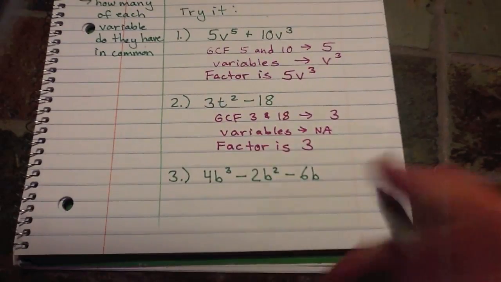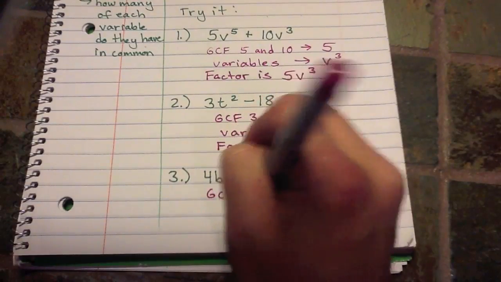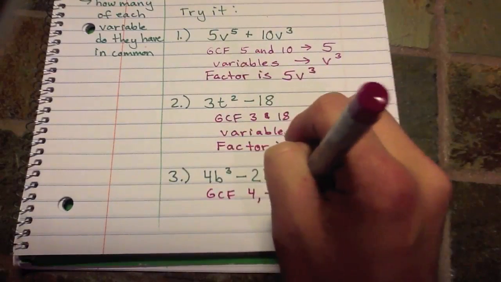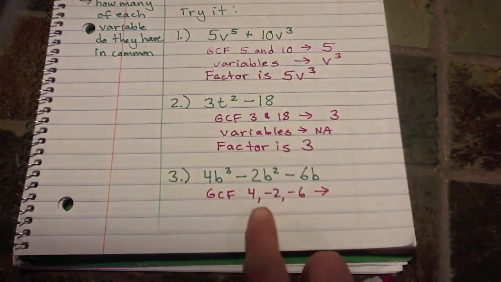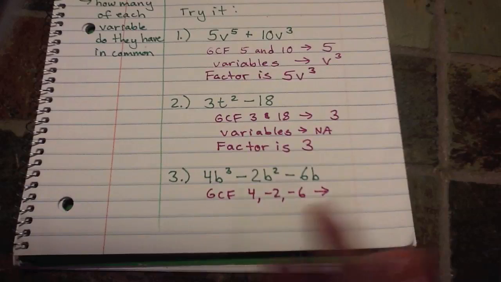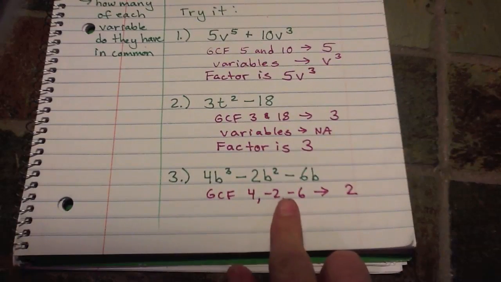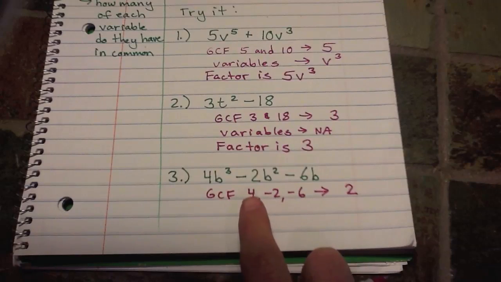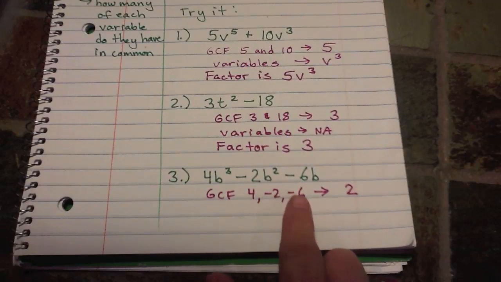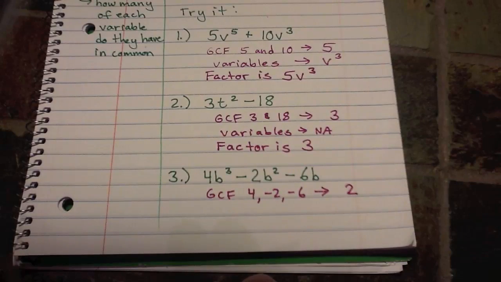And then the last one, we're looking at the numbers. The first number that goes into 4, into -2, and into -6 would be 2. The reason I'm including the negatives is because what you're going to find is a lot of the time if all 3 terms or however many terms they gave you are negative, they want you to pull the negative out with it.